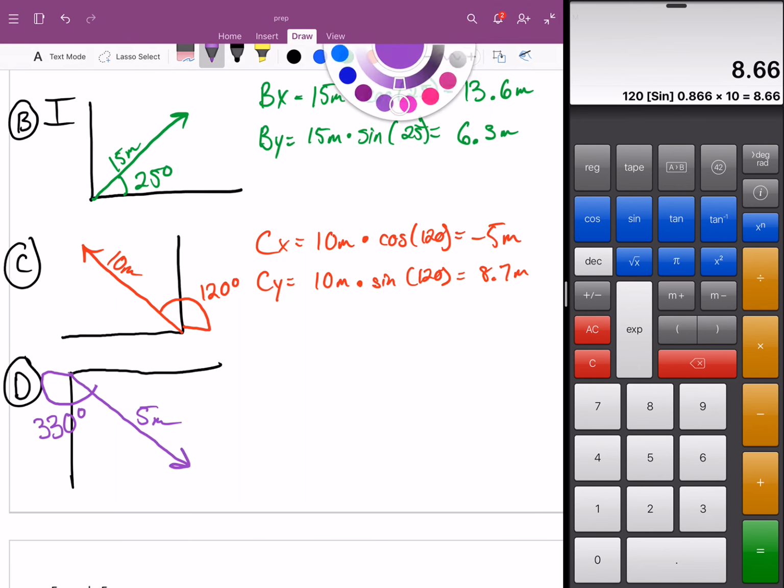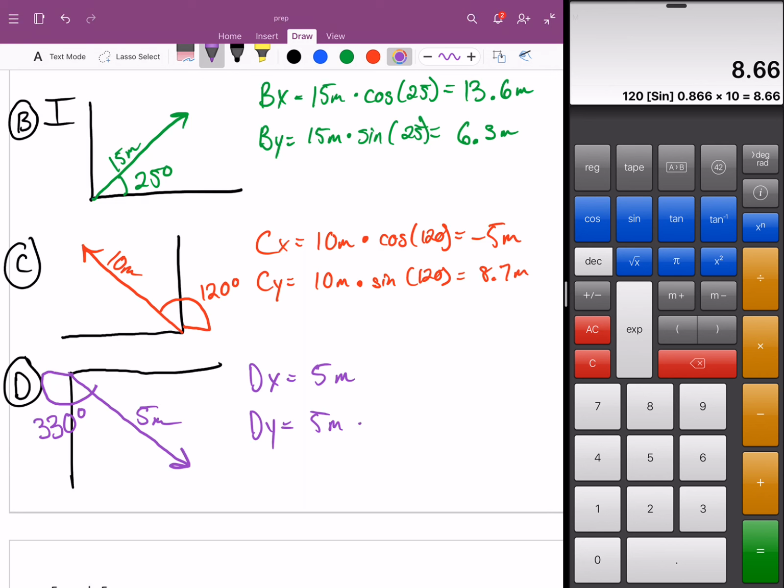And finally, D. DX, DY. 5 meters. Cosine 330, sine 330.